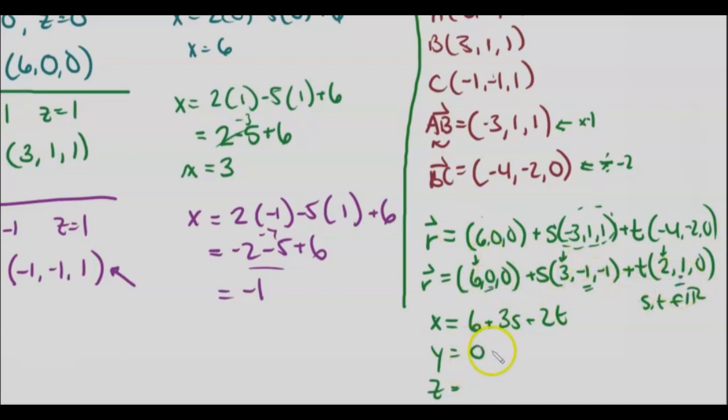So 0 minus 1s plus 1t. You don't have to write it like this. You can just write negative s plus t. Okay, and z, we're going to do the last one. So 0 minus s, and then plus 0t. So, in other words, negative s.